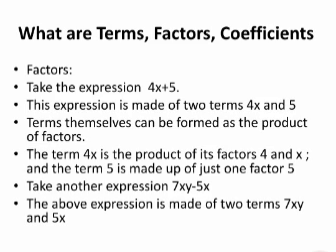So the first term is made up of two factors, 4 and x. Terms themselves can be formed as the product of factors. The term 4x is the product of its factors 4 and x, and the term 5 is made up of just one factor, 5.